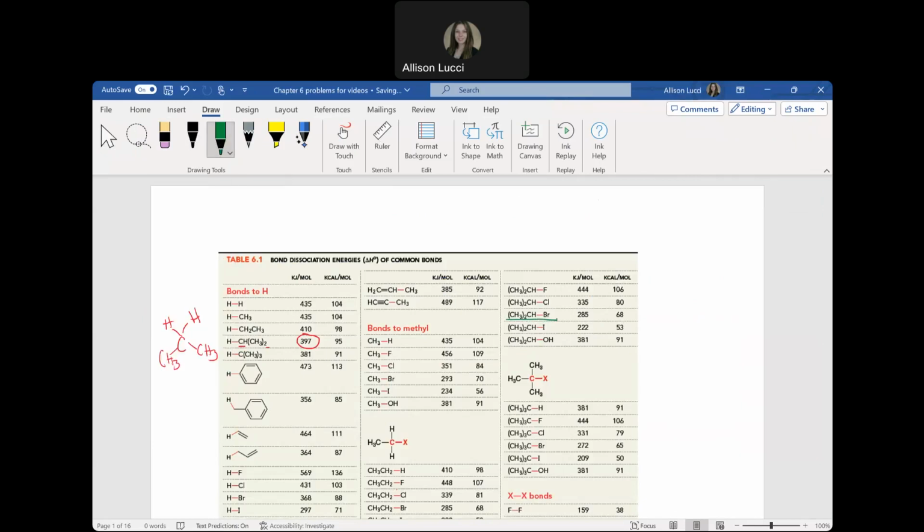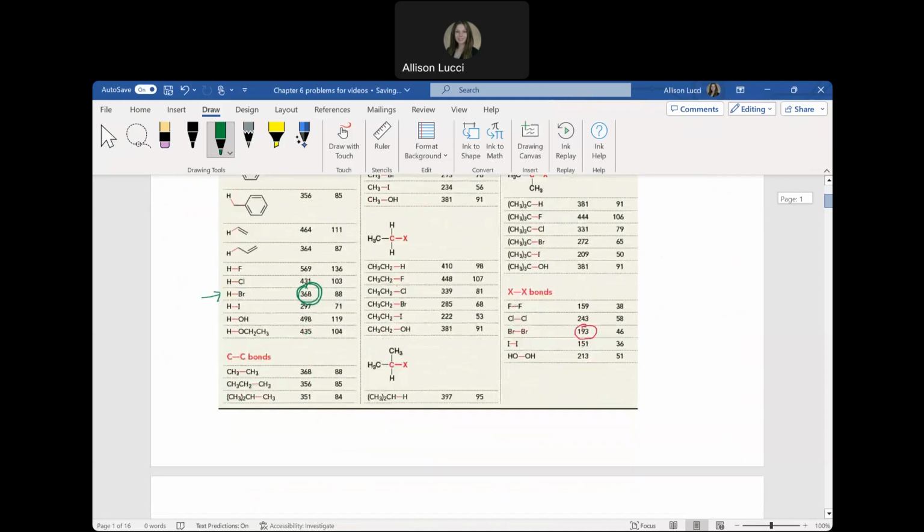If we were to expand it, again, we have a carbon in the middle that's bonded to H and Br, and then that same carbon is bonded to two methyl groups, right? So this is the bond that we're looking at here, that's CBr, and that's highlighted in red. That would be 285 kilojoules per mole. And our second bond that is formed is HBr, so that's down here. So that would be 368 kilojoules per mole.